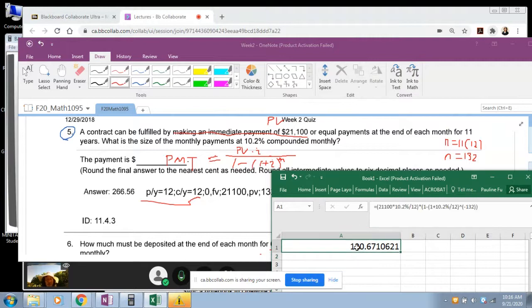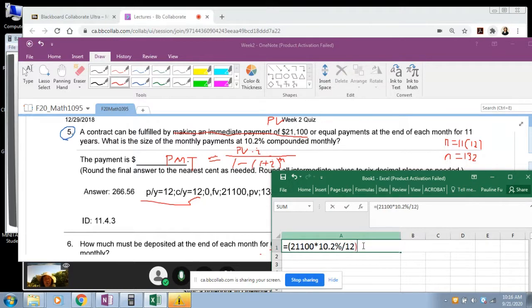No. So I'm going to redo it all over again. So PMT equal to PV, 21,100. This is PV. PV times I, 10.2% divided by 12. So this is on the top.